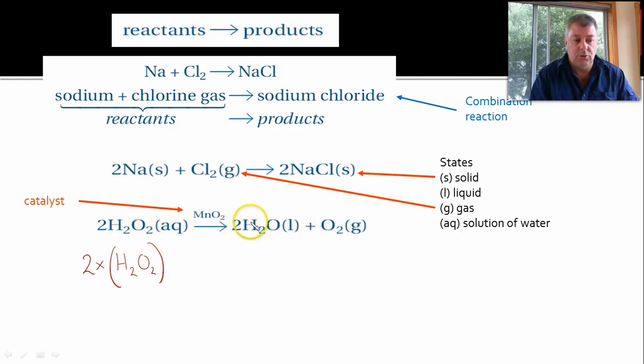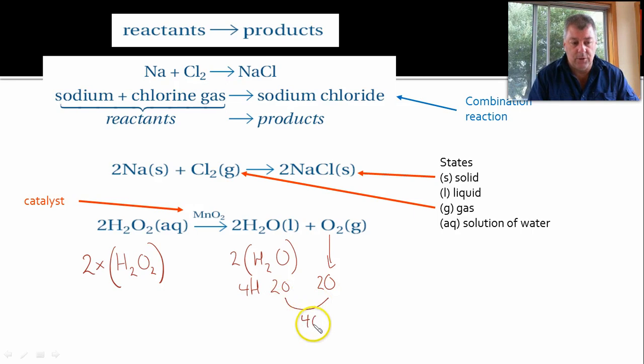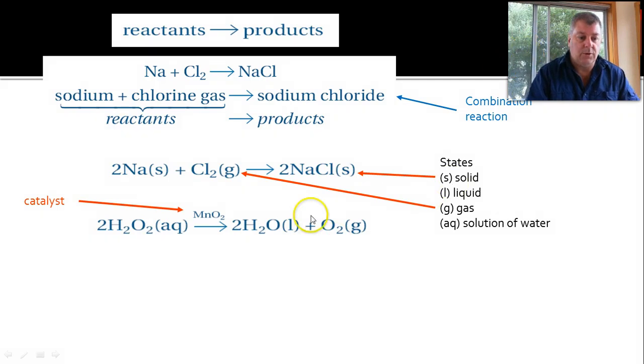And if we look here, 2 times H2O, so that would be 4 hydrogens, and we have 2 oxygens there, and then we've got O2, which is also 2 oxygens, so these combine to give us 4 oxygens, and therefore it balances. And we'll learn how to do that. Let's get rid of that and move on back to our chemical equations.